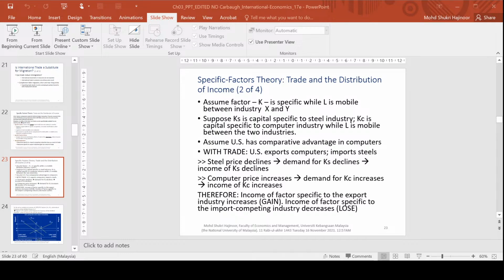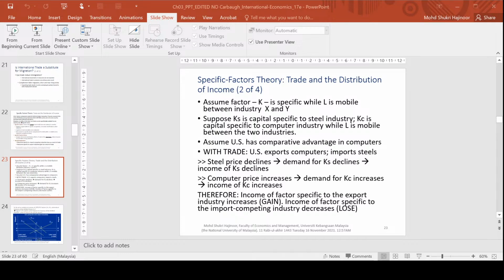This is our model of specific factors when KS and KC are specific. Only labor is not specific. Labor is mobile, can move to the computer industry, can move to the steel industry.